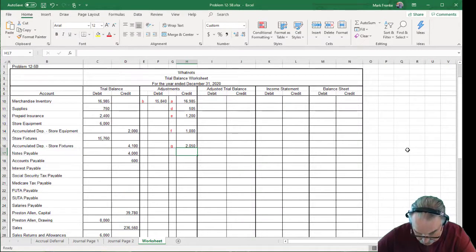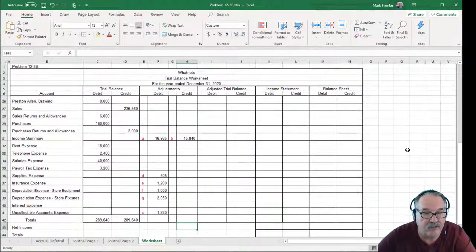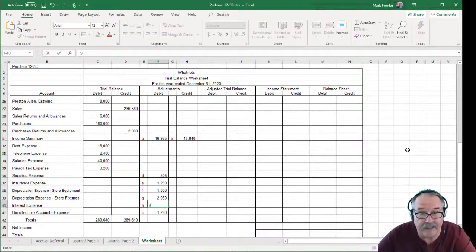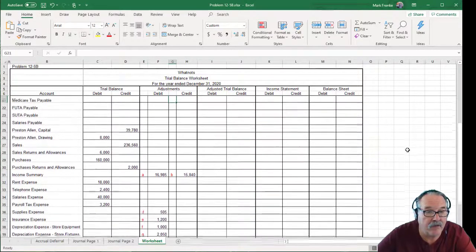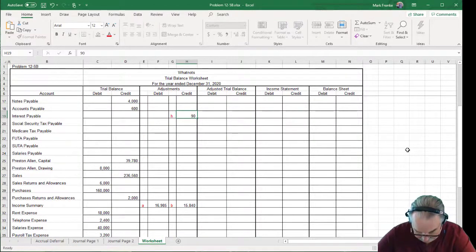Item H is interest expense on the note. We have a debit to interest expense down at the bottom here. This is H for $90, and a credit to interest payable, $90.